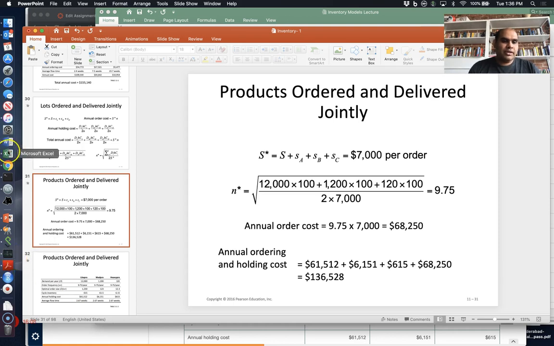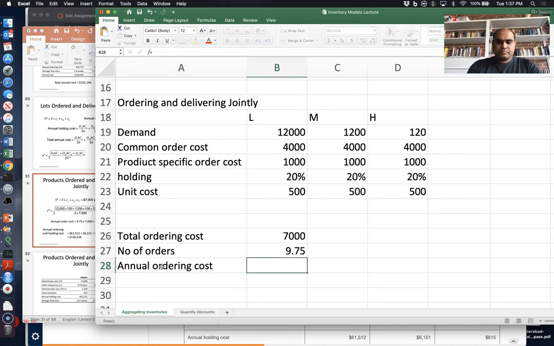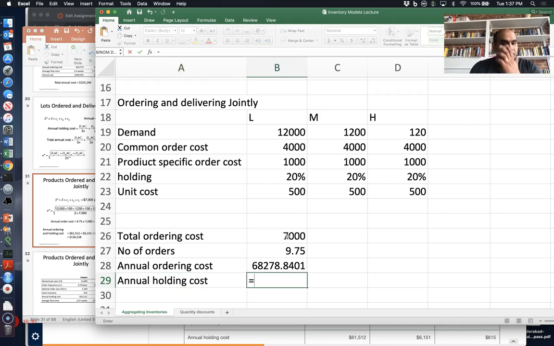So let's quickly calculate these numbers. The annual ordering cost is number of orders times the ordering cost, right? That part is straightforward. The holding cost, this we have to calculate individually for each of these items.